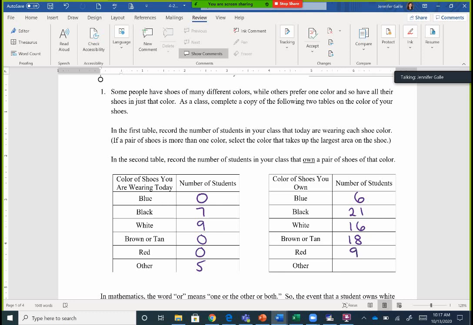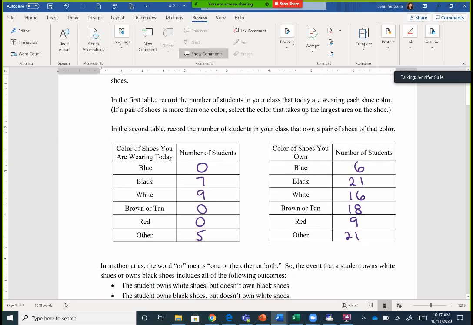Okay, so look at all the colors we have listed there. Raise your hand if you own some other color than the ones that are up here. Okay, everybody owns some other color. Holy cow, this class has a lot of shoes.